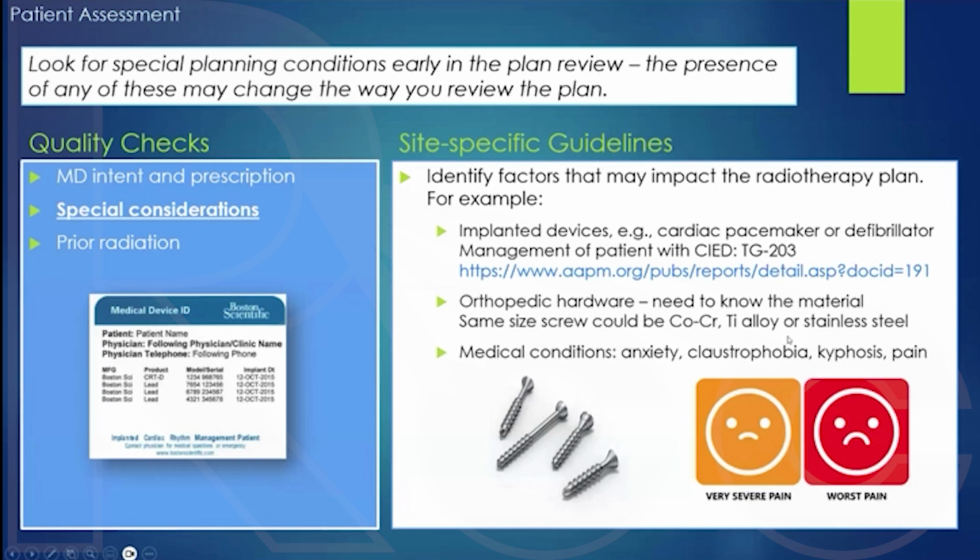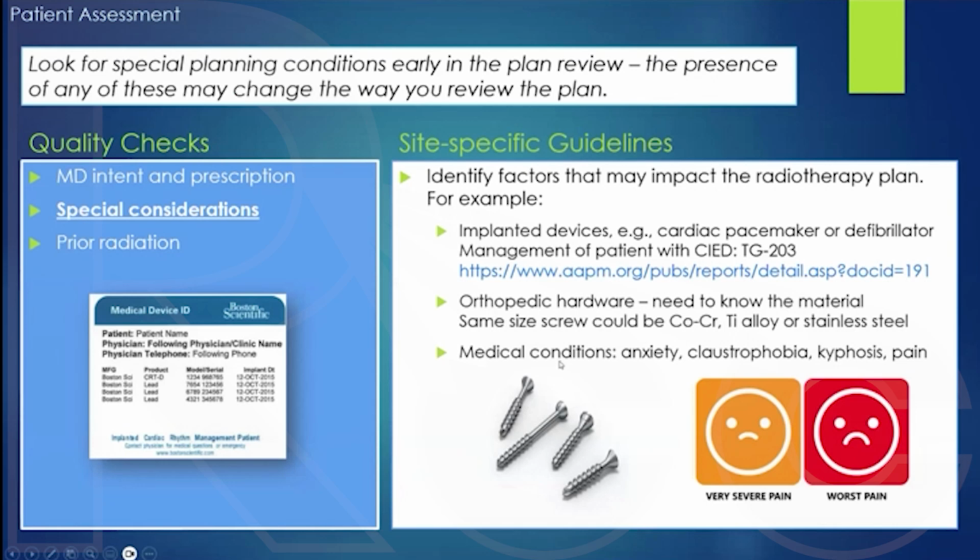Patients may also have orthopedic hardware that could be close to the treatment field. And it's so important to know the material, and that's because the same size screw could be made of cobalt chromium, a titanium alloy, or stainless steel. And if the CT value saturates, it's not really easy to know what that is just based on Hounsfield units.